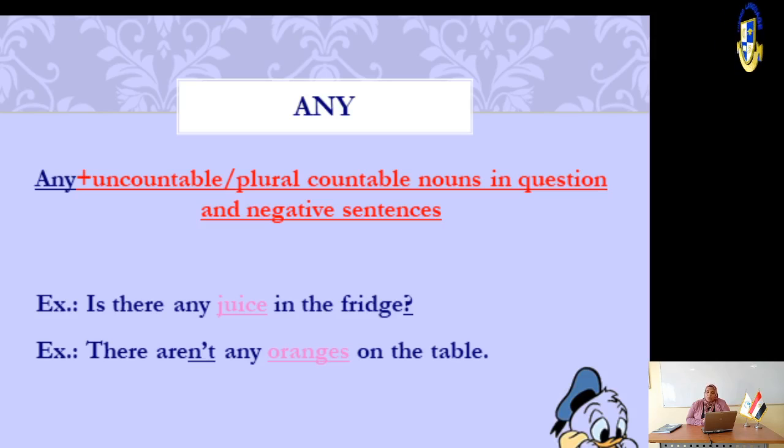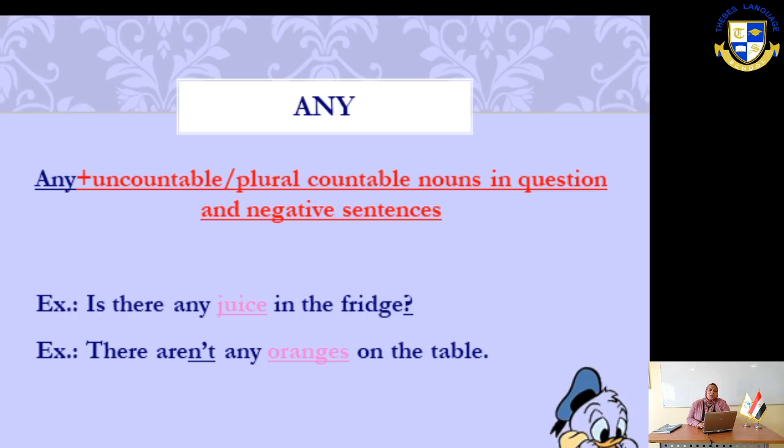Now this is for uncountable. There aren't any oranges on the table. Because this is plural countable, I say aren't. There aren't any oranges on the table.